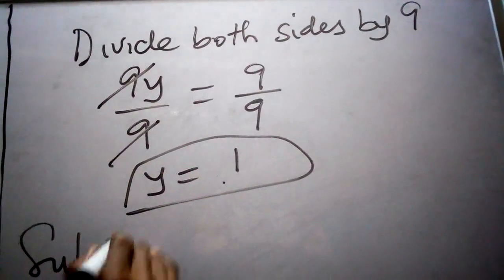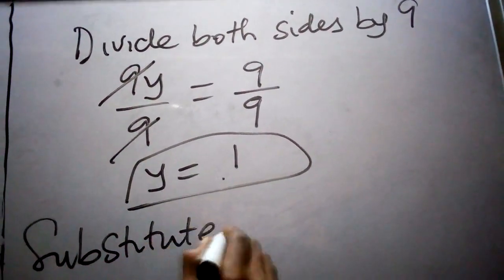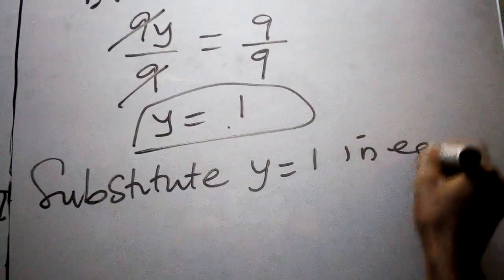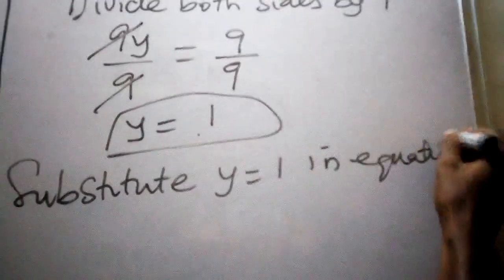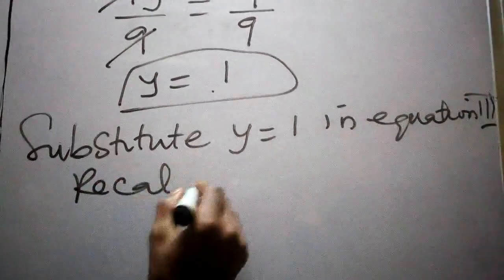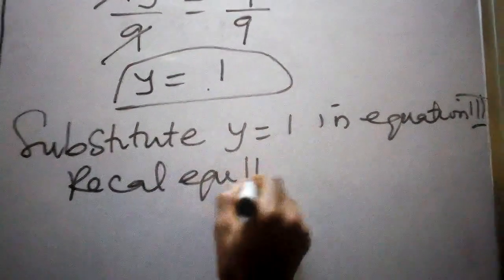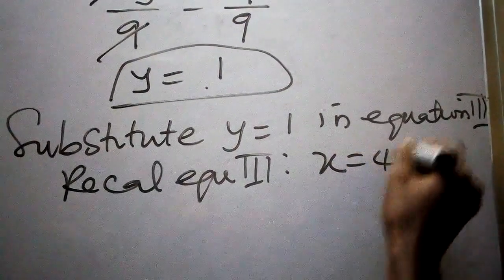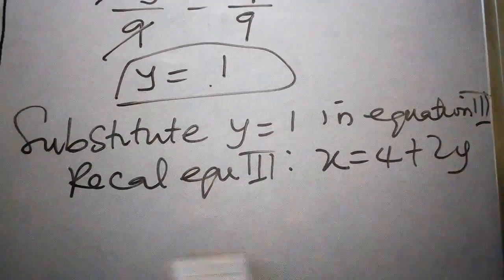To obtain the value of x, we now substitute y equals 1 in equation 3. Let's look at equation 3. Equation 3 is x equals 4 plus 2y.